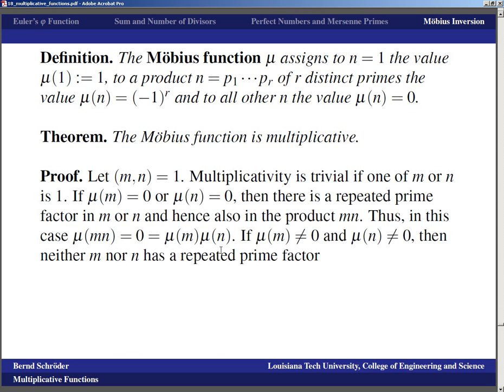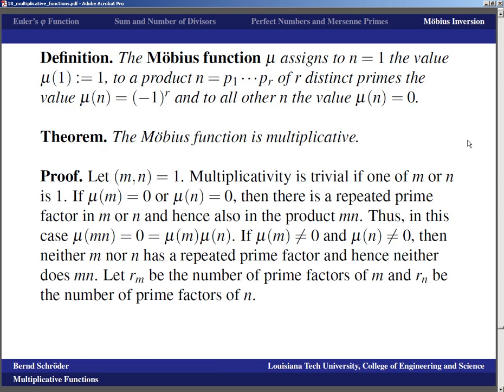And if mu of m is not 0 and mu of n is not 0, then neither of the two numbers has a repeated prime factor, and hence neither does m times n, because remember we have that the greatest common divisor of m and n is 1. And then we just take Rm to be the number of prime factors of m and Rn to be the number of prime factors of n.